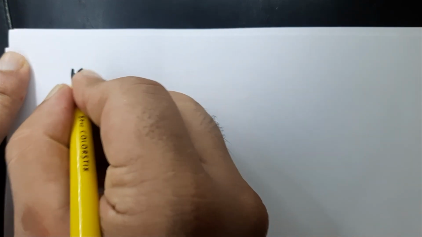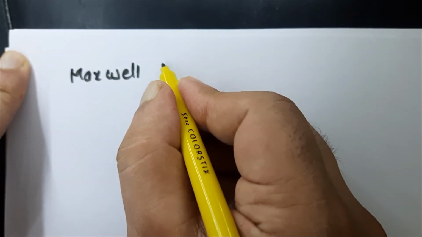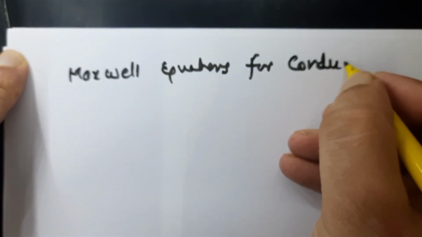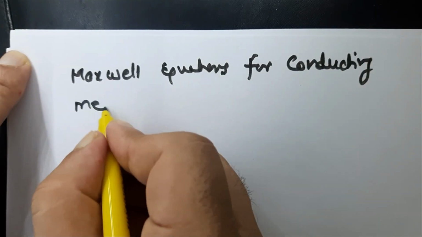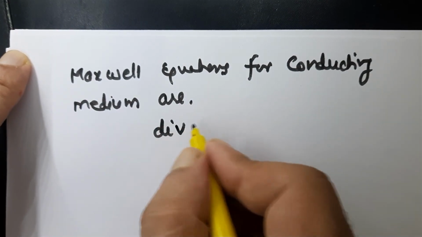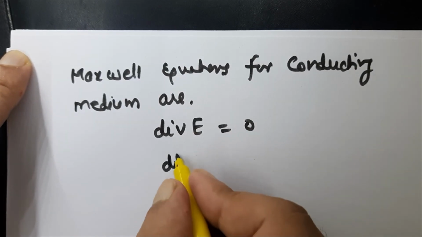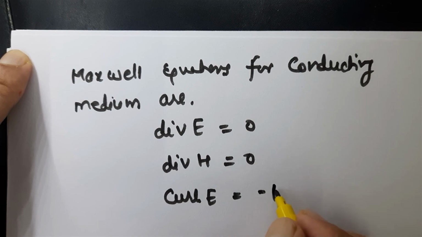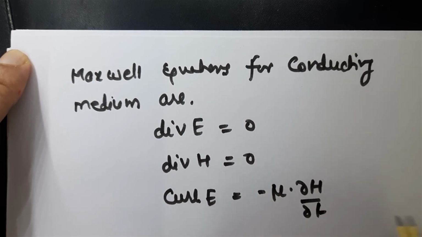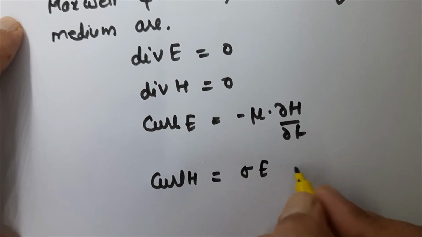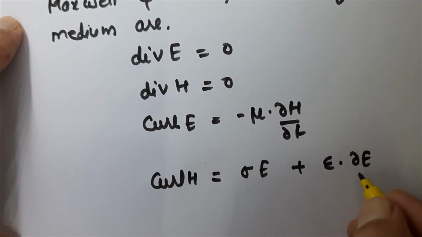So now in the light of these changes, the Maxwell equations are: this curl H is now slightly changed, and now we have a term which is not there in the previous equations.